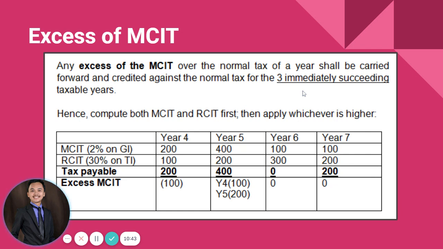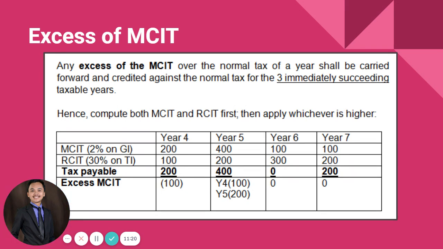So that means, guys, if your tax due is from MCIT, any excess of your MCIT over your RCIT can be used as a tax credit for the next 3 years only if your tax due from those 3 years is coming from RCIT. Okay? That means you cannot use as tax credit the excess of MCIT for a current year if in the next succeeding years your tax due will still come from your MCIT.